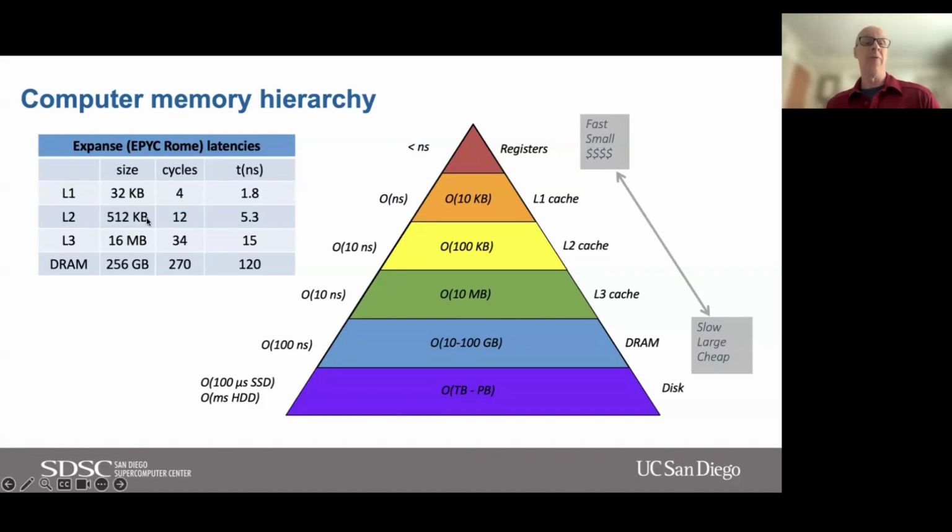L2 cache is 512 kilobytes. That's about 12 clock cycles away. L3 cache, about 16 megabytes, and that's 34 cycles away. And finally, if we go all the way out to DRAM, where we have on the Expanse compute nodes 256 gigabytes of memory, that's about 270 clock cycles away. So even though 120 nanosecond latency may not seem that large, to the CPU, it looks very, very far away.